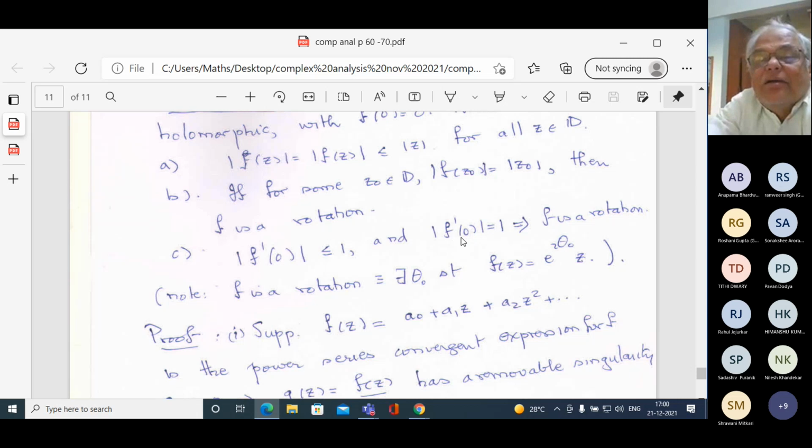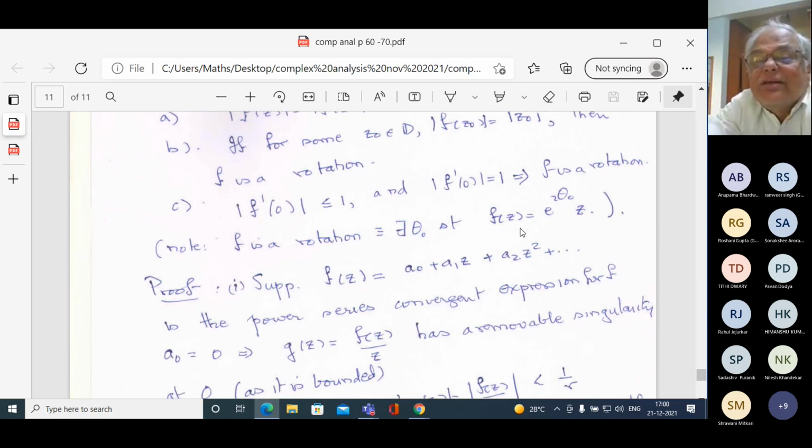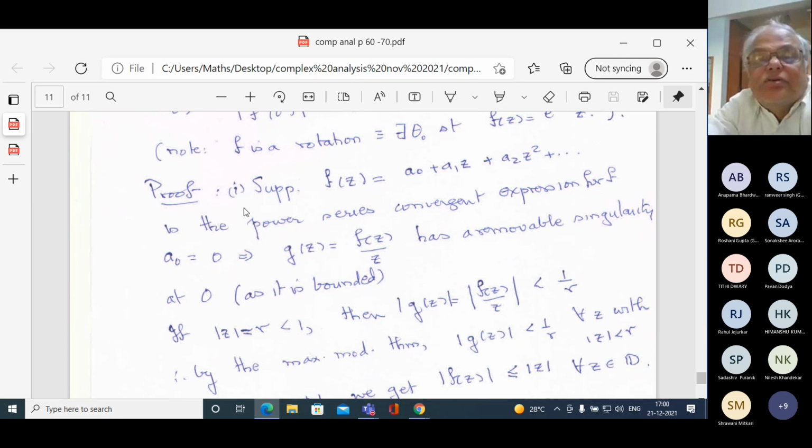Why? I mean, this is what we want to prove. So f is a rotation means that f(z) is equal to e raised to i theta z for some fixed theta. I've called it theta naught. So why? f is holomorphic, it has a power series expansion. f(0) is equal to 0 means a0 is equal to 0. That means f(z) divided by z is a1 z to the 0 plus a2 z to the 1 plus so on.